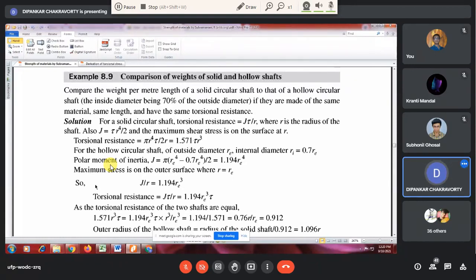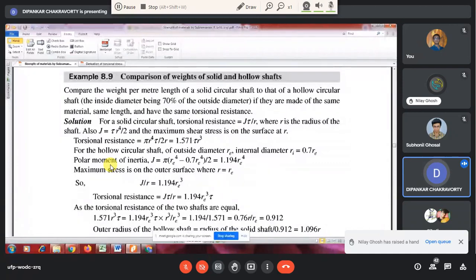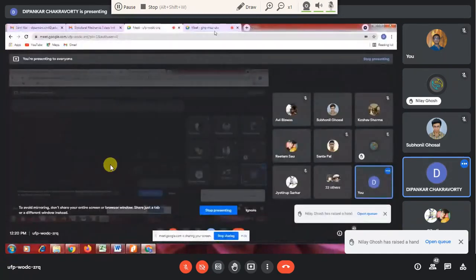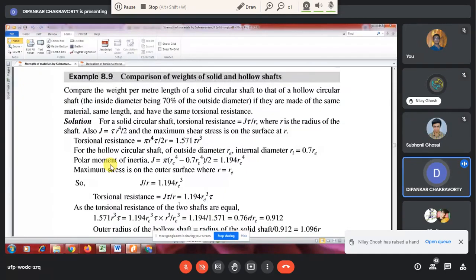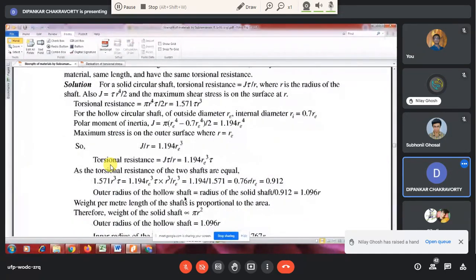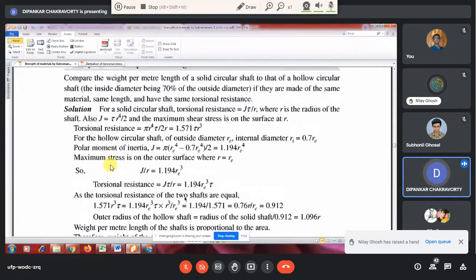Is that not so? Tau max should be equal because they are of the same material. How much permissible shear stress the shaft can take depends on the material strength. So tau should be equal. Is it clear to you or not? You tell me. Do you understand what I am saying?